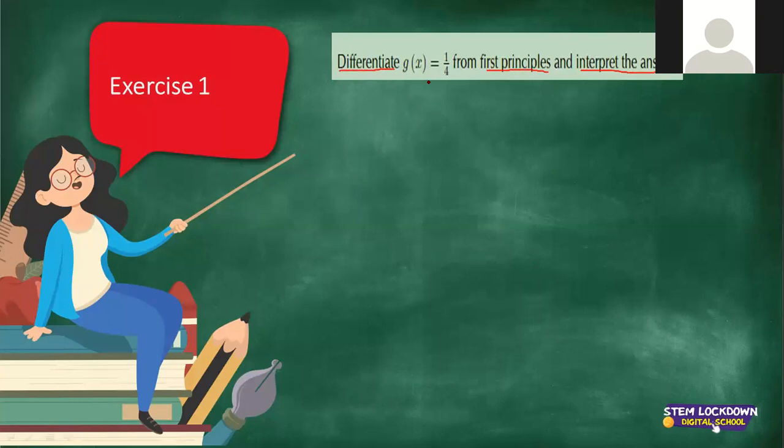Our function is g of x equals 1/4. Just by looking at the function, you can already see that it's a straight line, isn't it? So please just revise functions, the shape and everything, because it's very important.